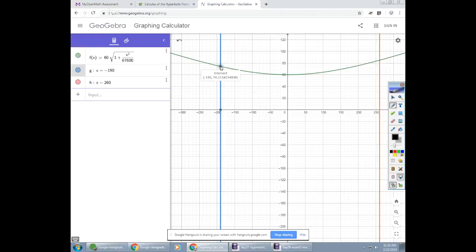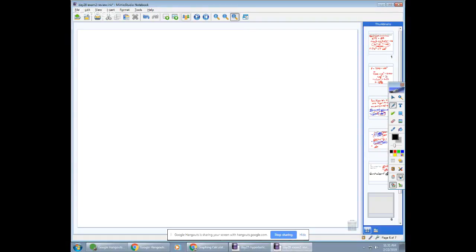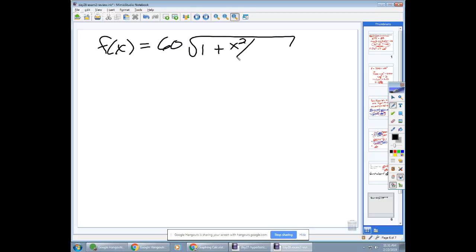The height over there is around 75-ish. All right, so let me make a rough sketch of that. f of x equals 60 times the square root of 1 plus x squared over 67,600 looks kind of like this.